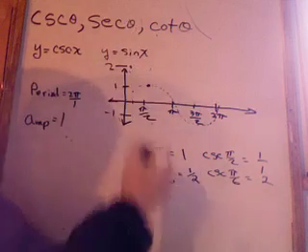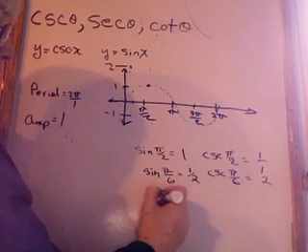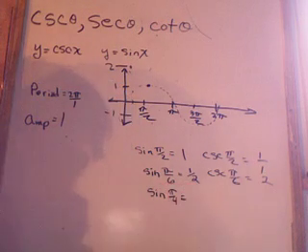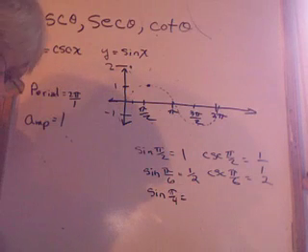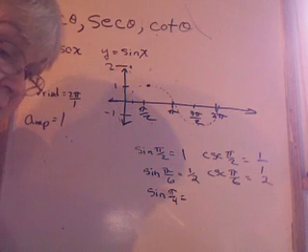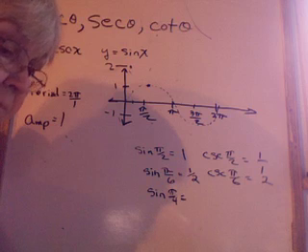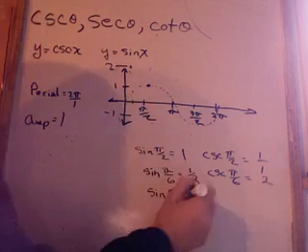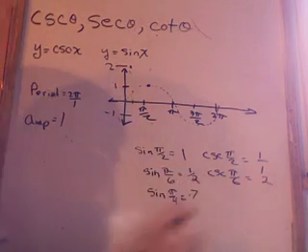All right. If I wanted to do the sine of pi over 4, I can just look that up on my calculator. So let's do that. I'm in radian mode, so I get about 0.7.